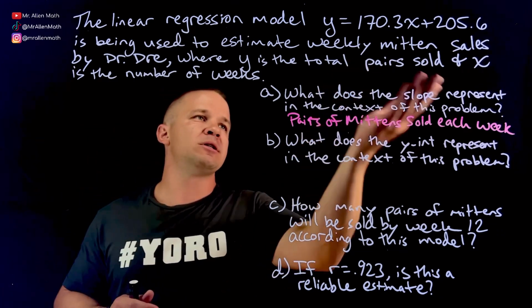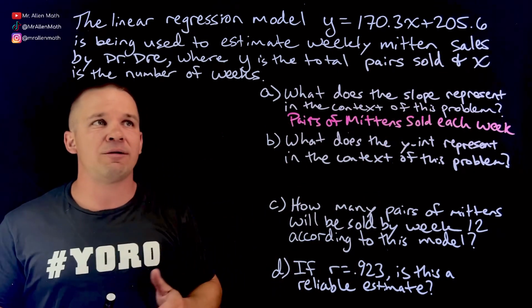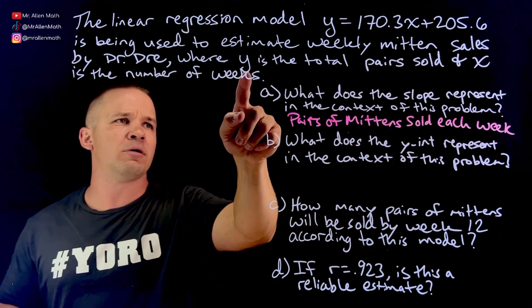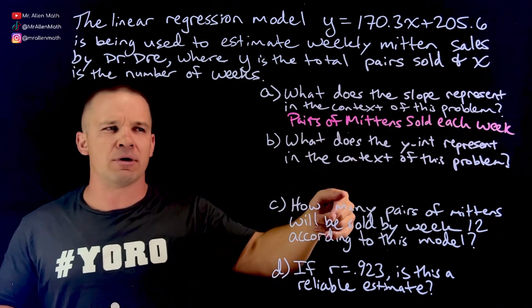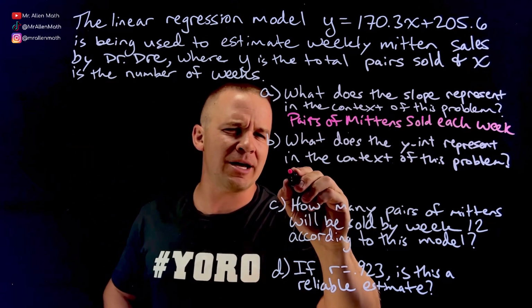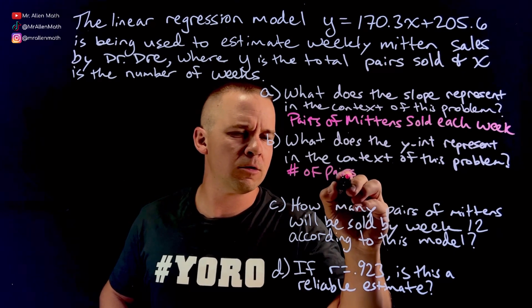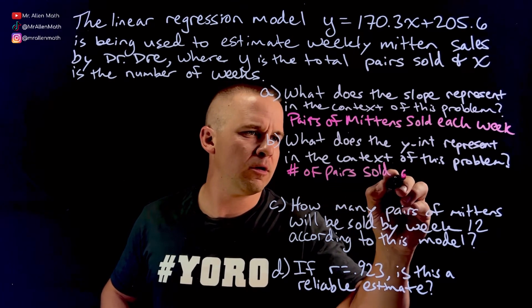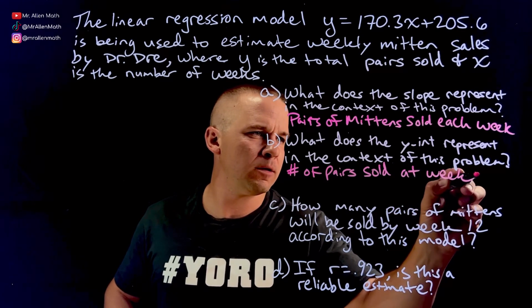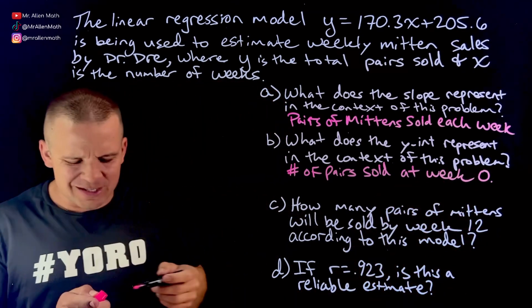So if I plug 0 in, I get 205.6. That tells me that's my total number of pairs sold at week 0. So let's write that down: number of pairs sold at week 0. So does this really make sense?